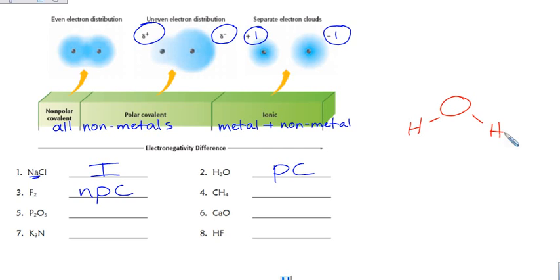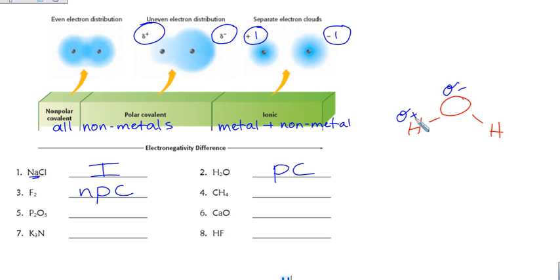We have 2 of the same bond. The bond is between oxygen and hydrogen. And so really I just want to know what kind of bond is that between oxygen and hydrogen. And if I look at their position on a periodic table, I definitely know that oxygen has a higher electronegativity. So if they ask, the oxygen end of the bond is slightly negative and the hydrogen end is slightly positive.